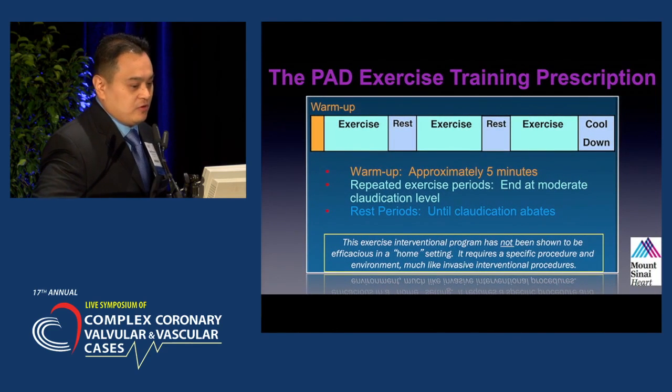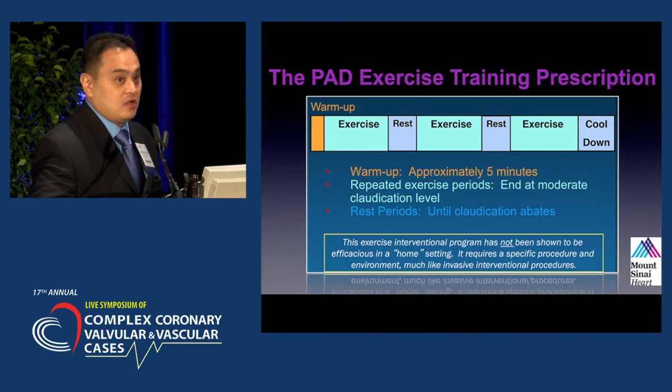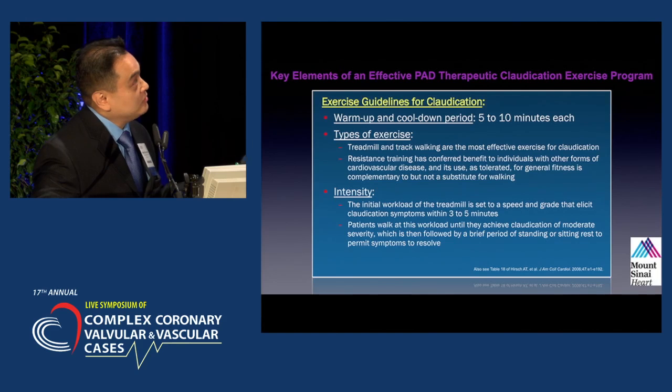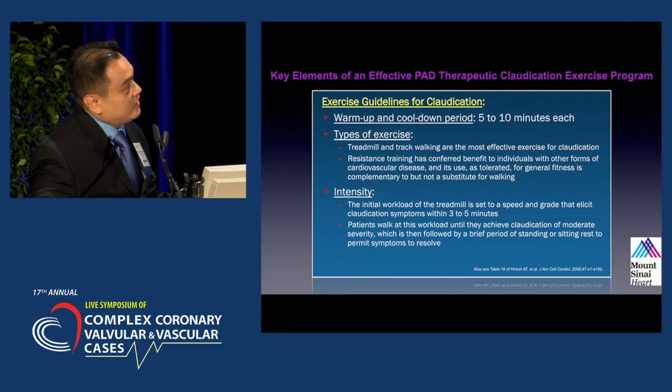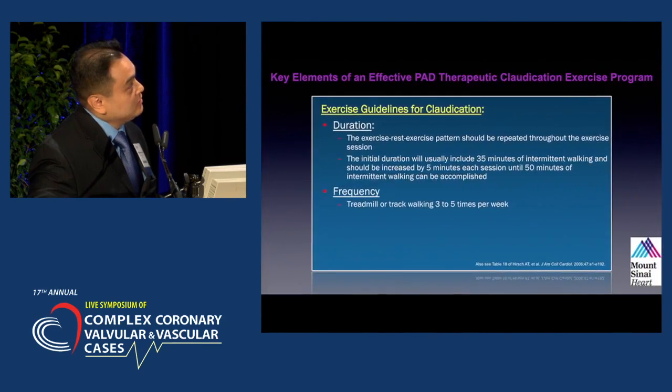A PAD exercise training program is a good prescription that we have patients on. We put patients on Pletal and on an exercise program, which increases the ability of patients to walk good distances. We put them on a treadmill and have them walk. The initial workload of the treadmill is set to see if they have symptoms after 3 or 5 minutes, and frequency and duration are noted.